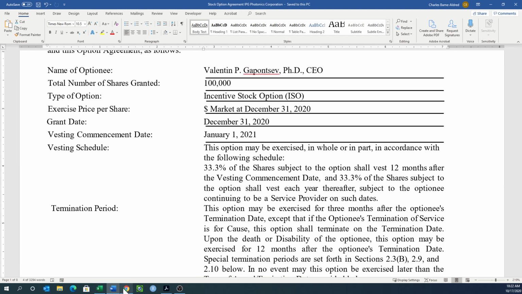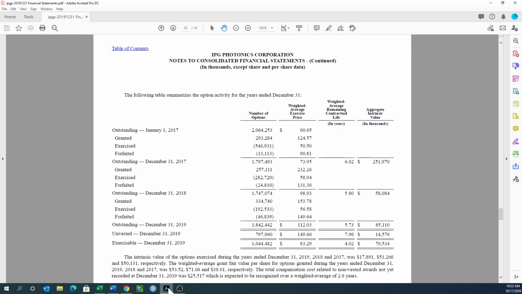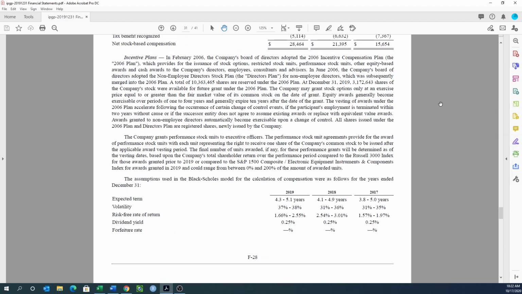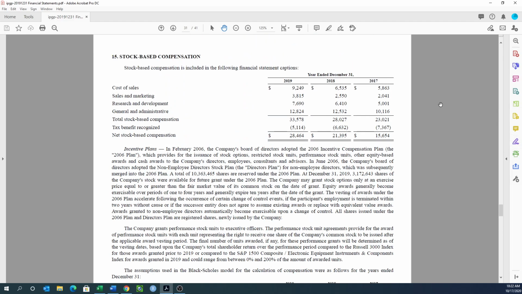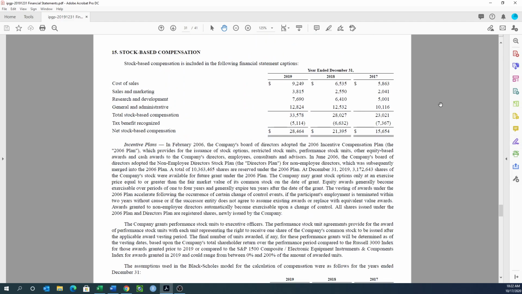Now, I also want to point out that the financial statements of the company are also very interesting. And footnote number 15 around stock-based compensation just lets you know what's going on. In fact, they use the Black-Scholes model, as you can see down here.